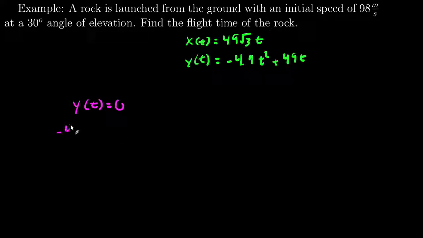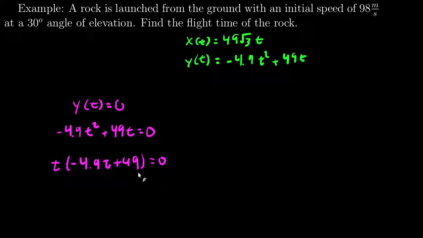So I'll set negative 4.9t squared plus 49t equal to 0. And probably the easiest way to start this off is to factor out a t. It's a quadratic equation, so I can factor it. And I get t times negative 4.9t plus 49 equals 0.